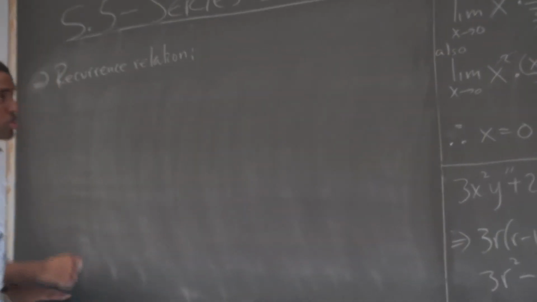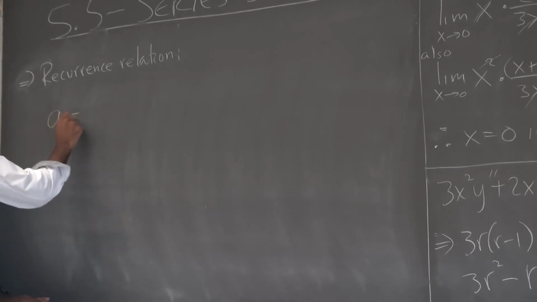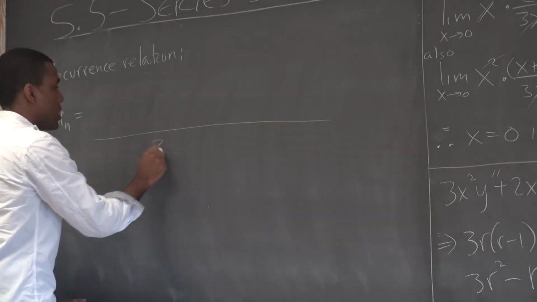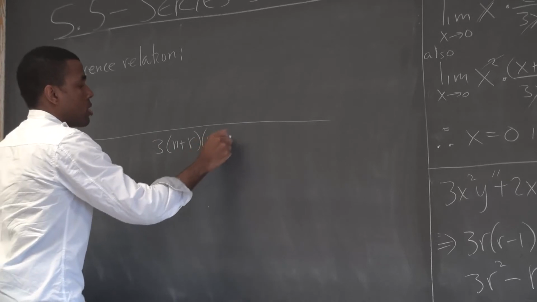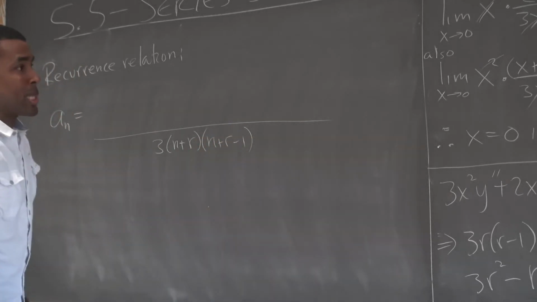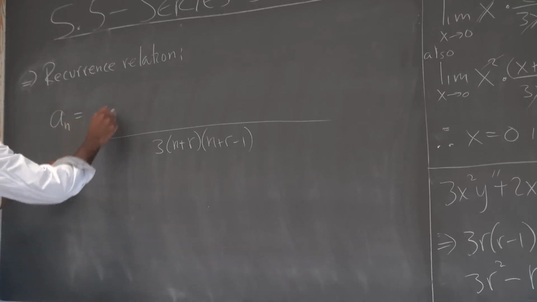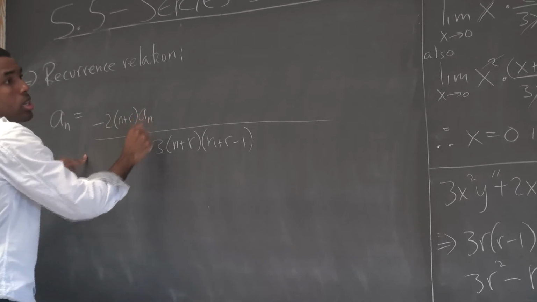But here, I'm just trying to give them what they asked for, so I'm trying to get to the recurrence relation really quick. I'm going to solve for a n. It's going to be a bunch of stuff over 3 times n plus r, n plus r minus 1, minus 2 n plus r a n.